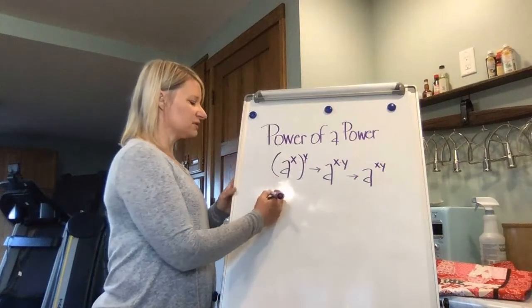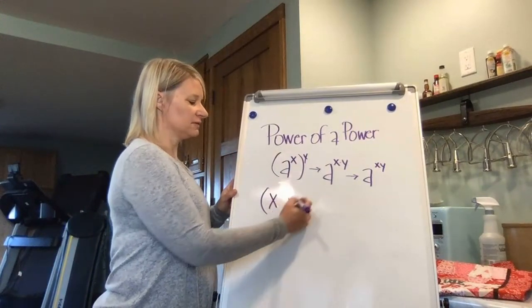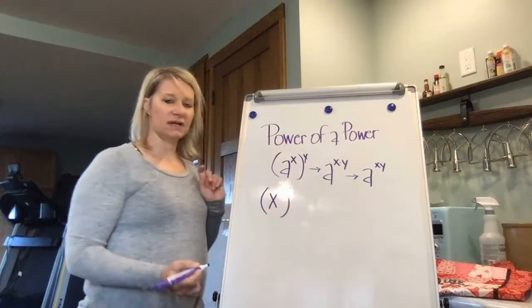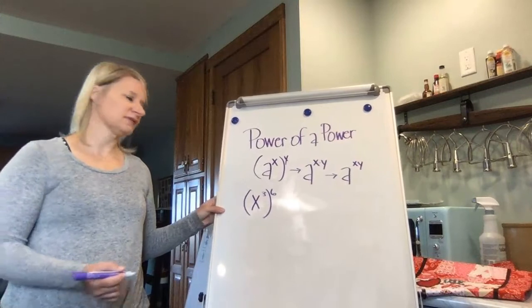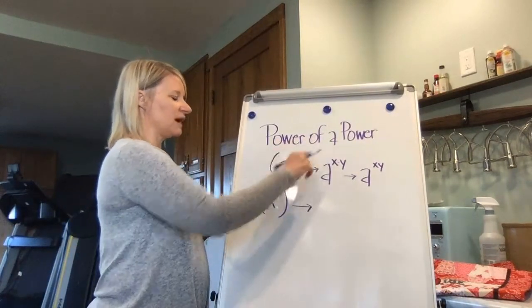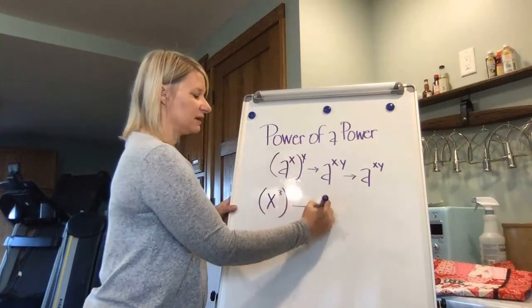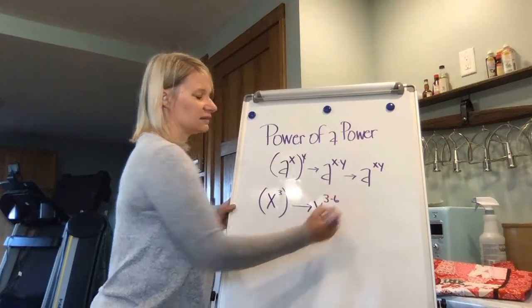So let's try one. Let's say we have x to the third power, and then that is raised to the sixth power. You can't see that because there's a glare on it. See it now? Okay, so if I'm going to use my power of a power rule, then it becomes x to the 3 times 6.